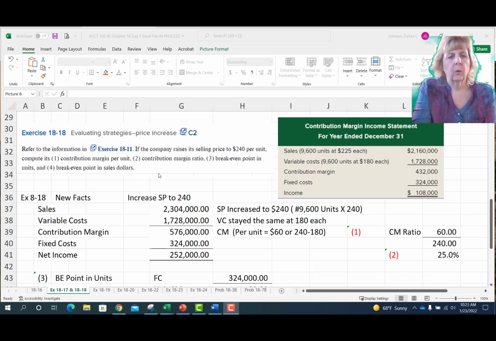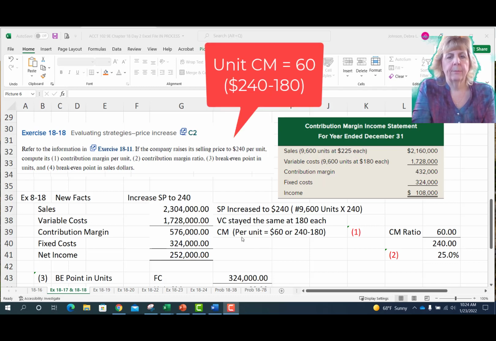Step number 1 wanted the new contribution margin per unit. That would go up to $60. Okay, right now it's $45. That sales price increased it to $60. You can see the intermittent calculations above.